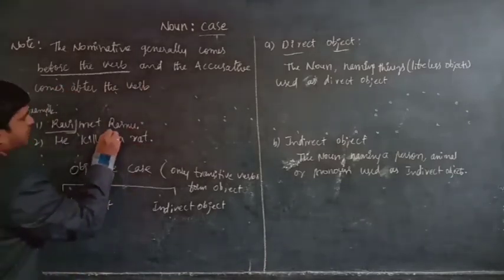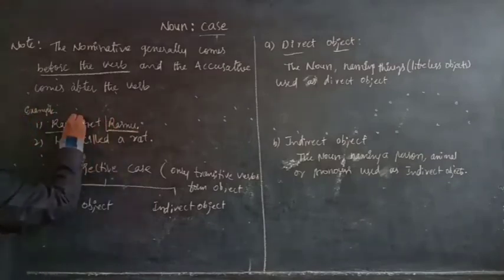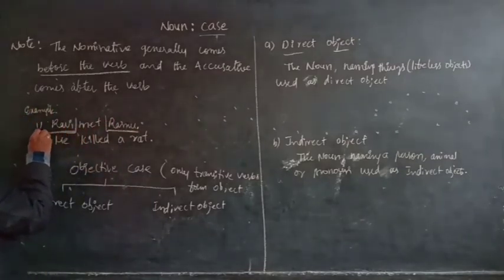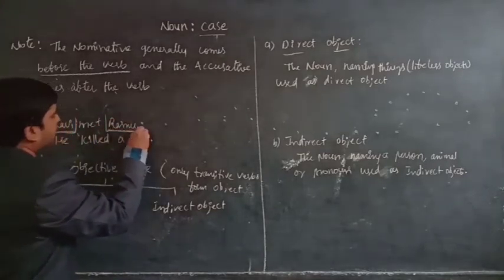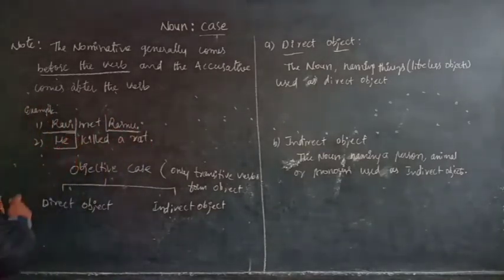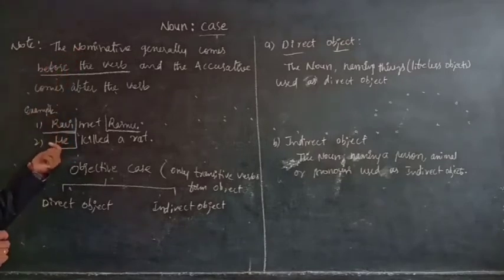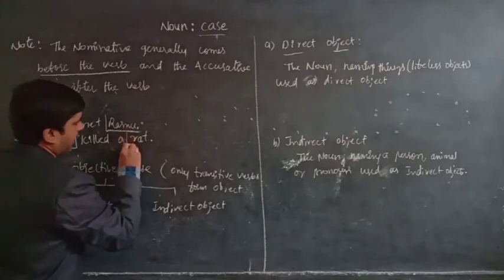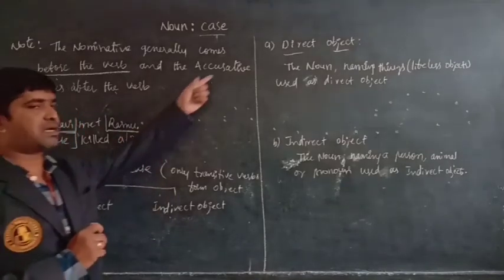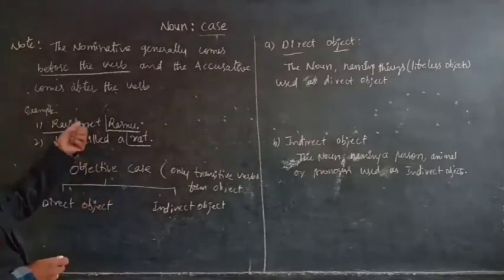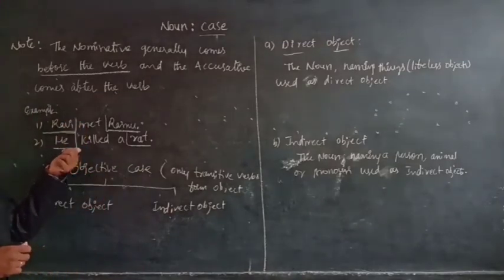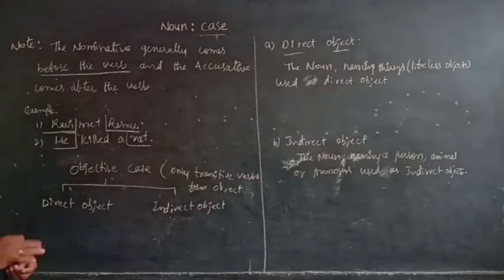The subjective case comes before the verb and the objective case comes after the verb. The subject may be a noun or pronoun. Here the subject is he and here the subject is Ravi, but both are in nominative case. And Ramu and Raghu are both in accusative case. For knowing, we use who here and whom, or what, for both.